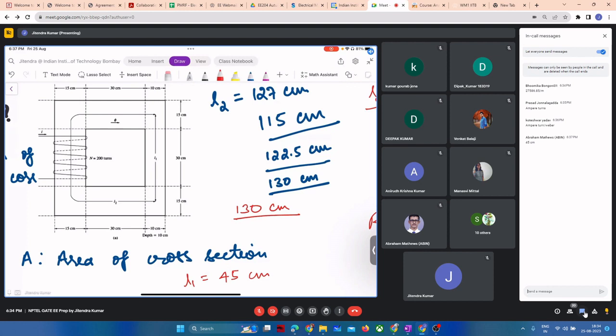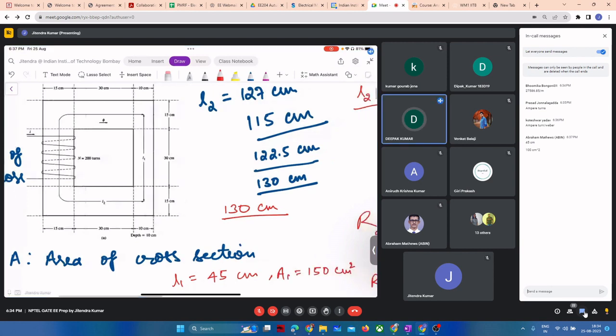How much is the area of that section? 150. 150 centimeter square. Yes, sir. 150 centimeter square.